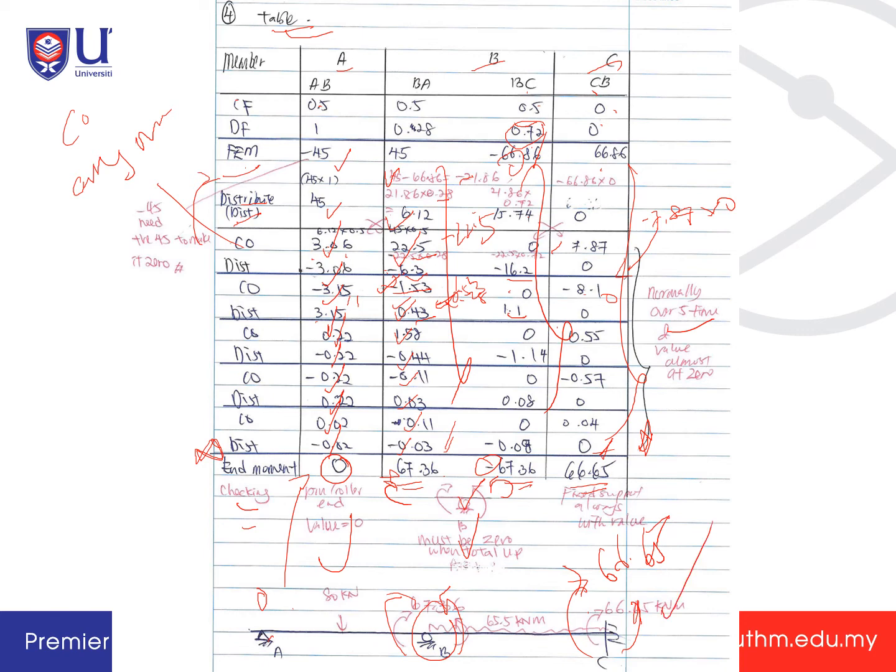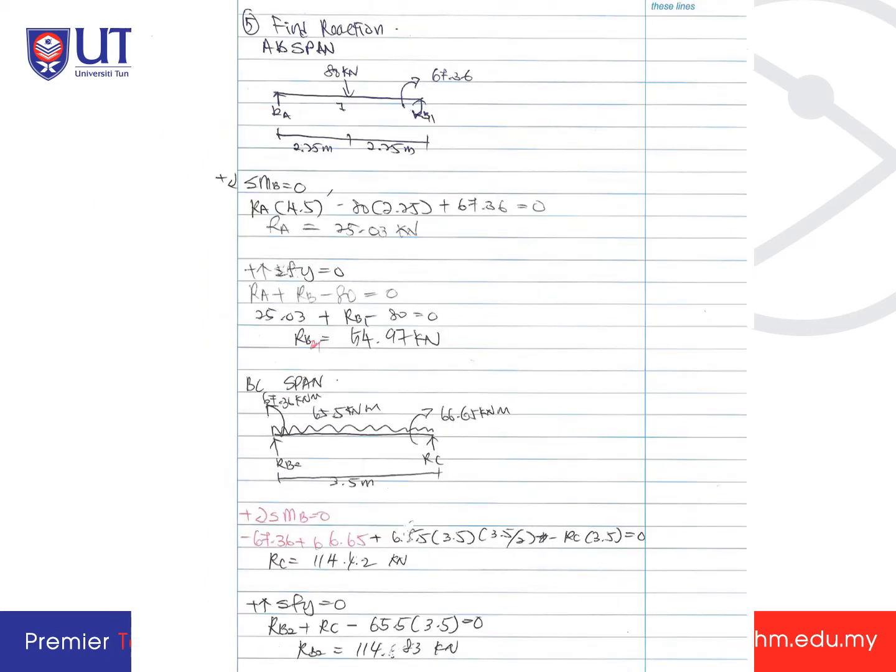After you get this value, we need to move to the next step to get the support reaction. So now we are moving to calculate the support reaction. Support reaction is similar to the slope deflection method. We need to find the support reaction span by span.